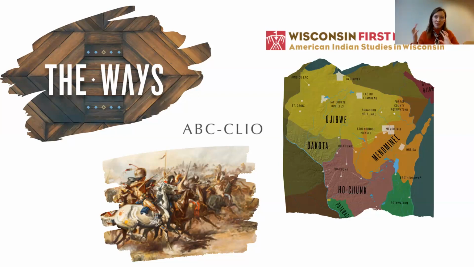So the ways in Wisconsin First Nations are mobilized efforts to get you really creative materials, and they both kind of have direct reference to ways in which these resources can satisfy Act 31 clauses. And then ABC-CLIO is really MPL's commitment to culturally engaging pedagogy.